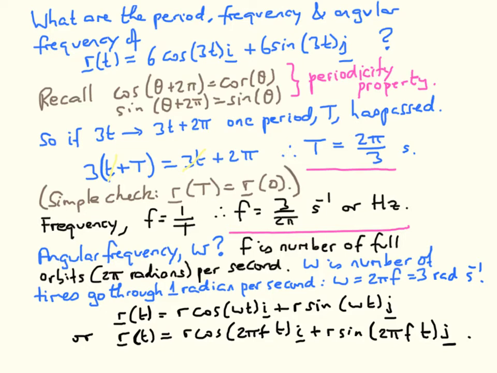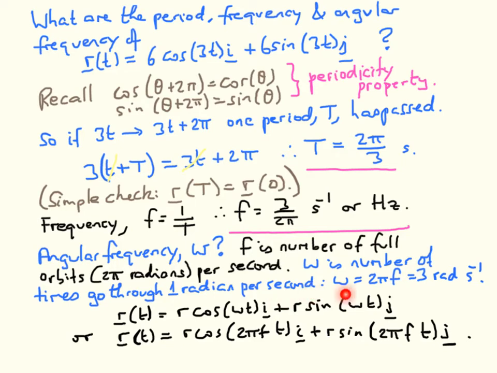What about the angular frequency, which we normally call omega? Well, f, the frequency, is the number of full orbits per second, and each orbit is 2 pi radians, because going all the way around the circle is going through 2 pi radians. And omega is the number of radians we go through per second.